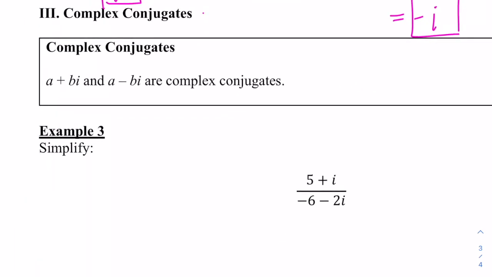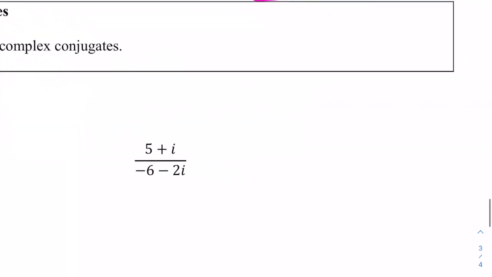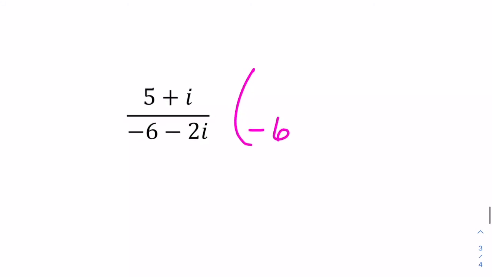Now let's look at complex conjugates. a plus bi and a minus bi are complex conjugates. So if we want to rationalize this fraction, we can multiply the numerator and denominator by the conjugate of the denominator. So it's -6 plus 2i.